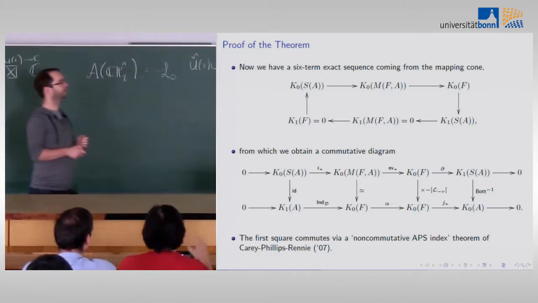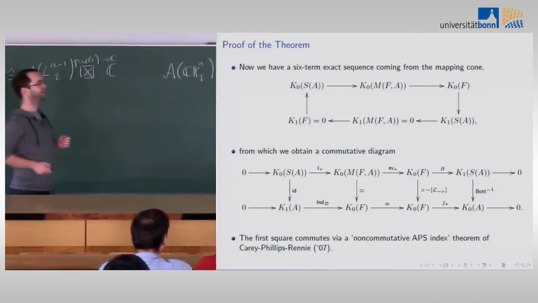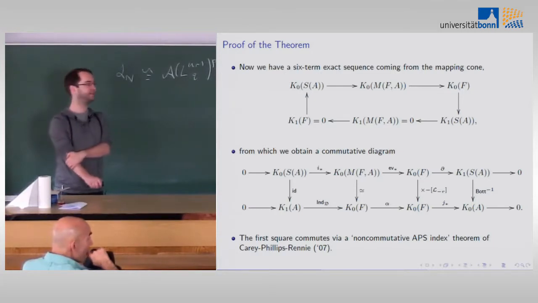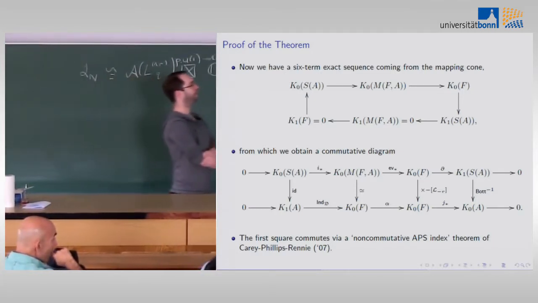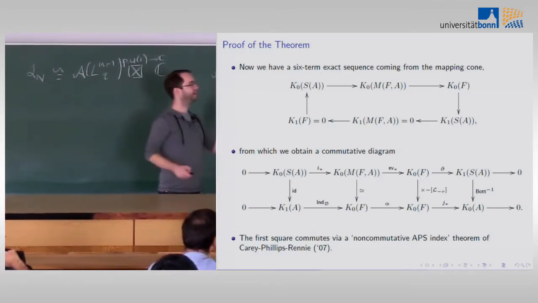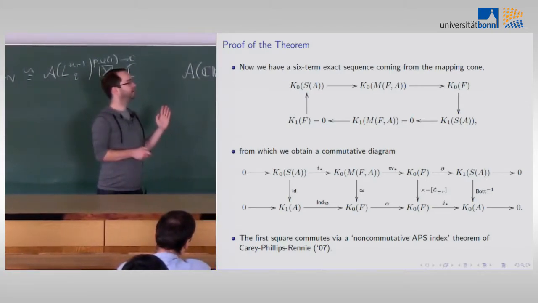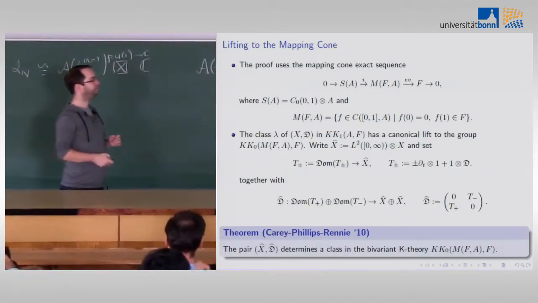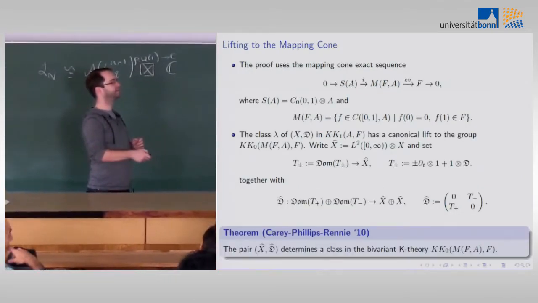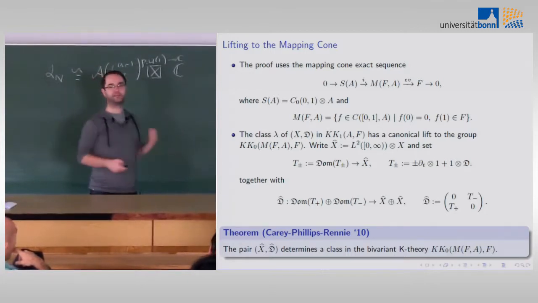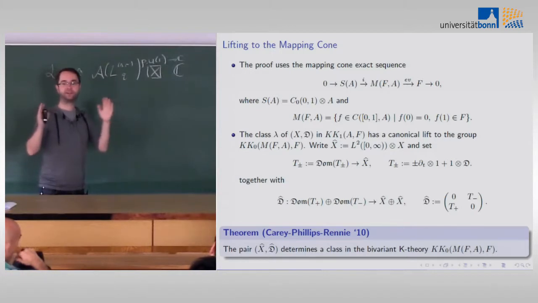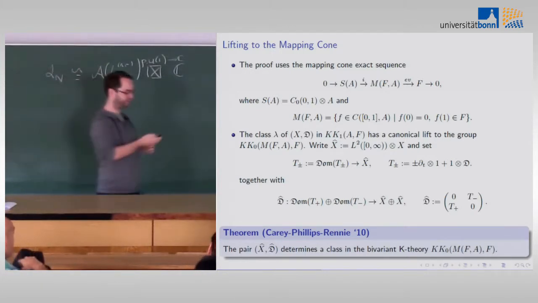And this you can think of as some kind of non-commutative Atiyah-Patodi-Singer index theorem, which tells you that if I lift to the mapping cone and put certain boundary conditions, so this is what I was saying here, is that this lift to the mapping cone is symmetric but not self-adjoint, so you have to work a little bit. And the question is really, what are the boundary conditions I put on the mapping cone?